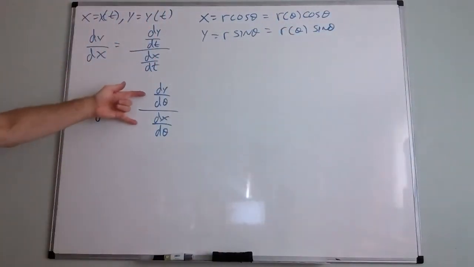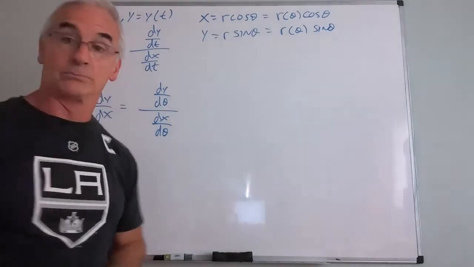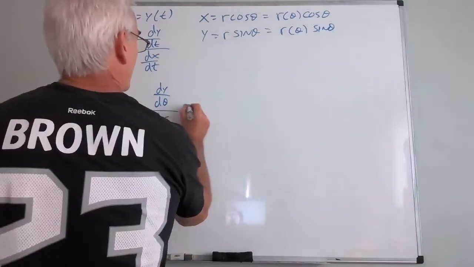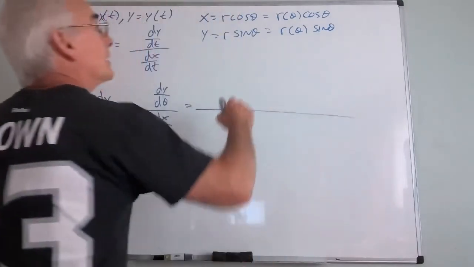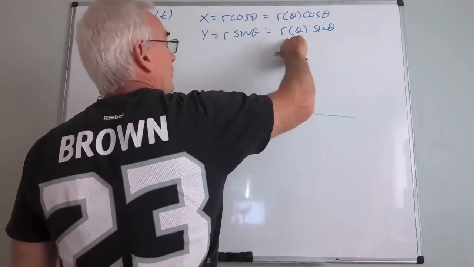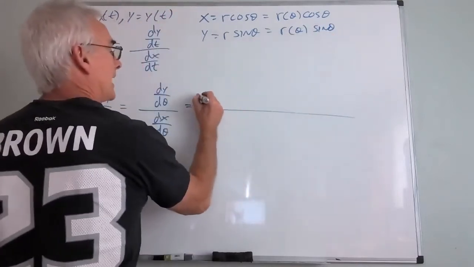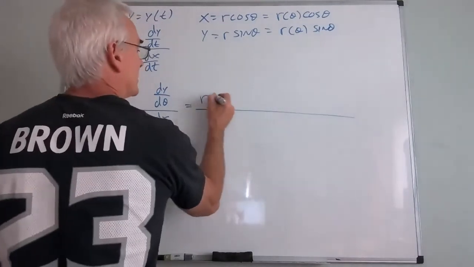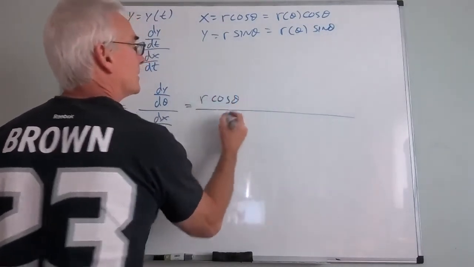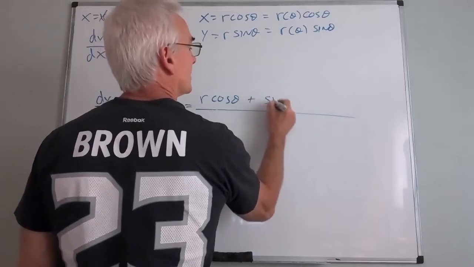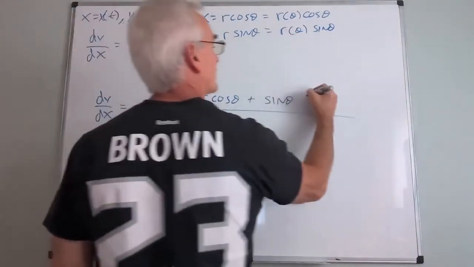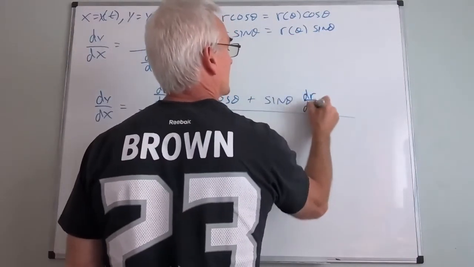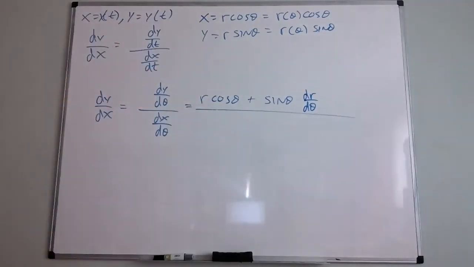So we want to do this. And this is not that hard. It just is going to involve product rule. So let's start with the y. First times derivative of second, and by the way, you don't need to write r of theta, you can just write it as r. So that'd be r cos theta plus the second times the derivative of the first, which would clearly be dr/d theta.